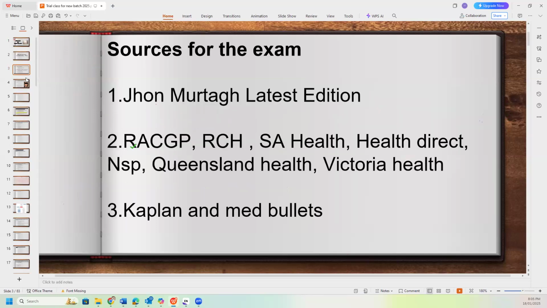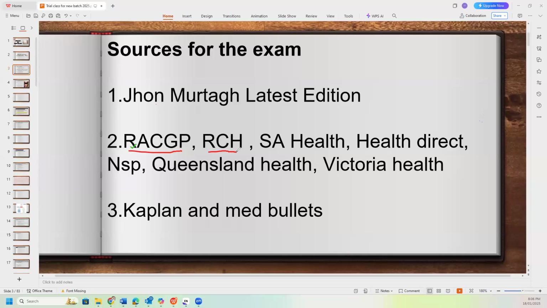These are the sources we use for the exam. John Murtagh is the main source that you use for your exam. It's a whole book with general practice medicine, pediatric portion, gynae and obs portion, and general surgery portion in it. Then we have some guidelines associated with the Australian health system that are regularly practiced here. One of them is RACGP, which is basically related to questions or the patients that a general practitioner sees in the clinic.